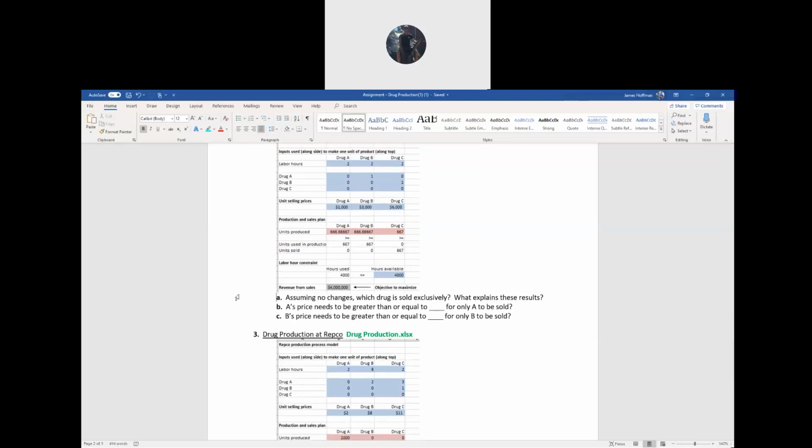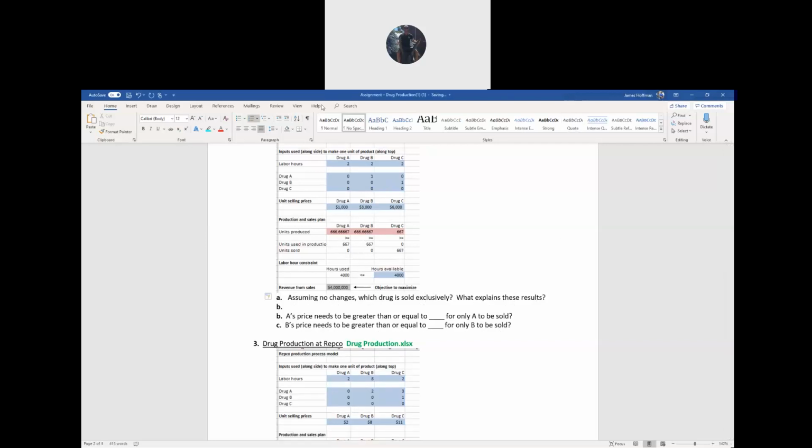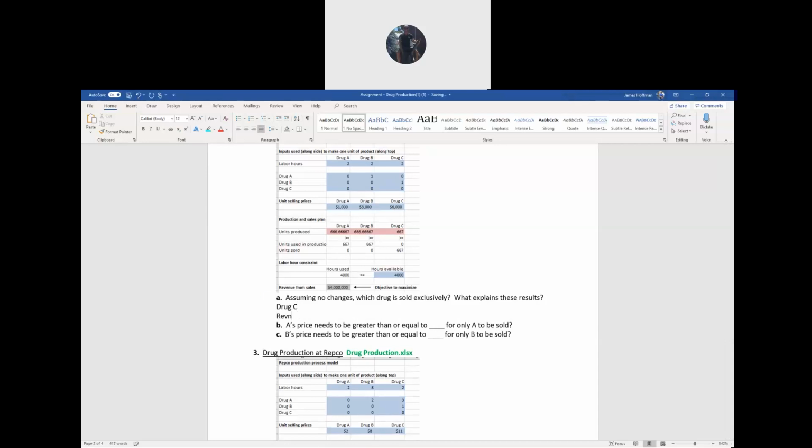So in this case, you'll see that it's again drug C. So no drug A's, no drug B's, only drug C. Okay, so drug C, and the thing that explains that is always going to be revenue per labor hour.